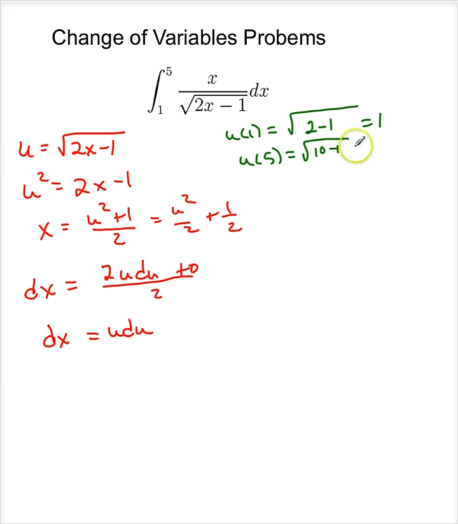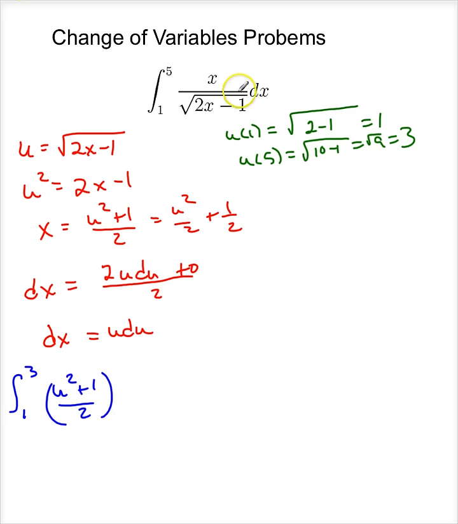Now, let's see. When I do all of this substitution, I've got x, and x is (u squared plus 1) over 2. Whoops, I wanted a u, not an x, getting carried away there. u squared plus 1 over 2, that's my x term.